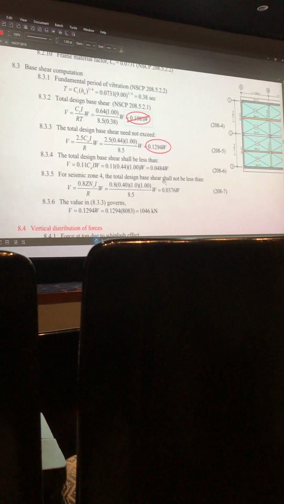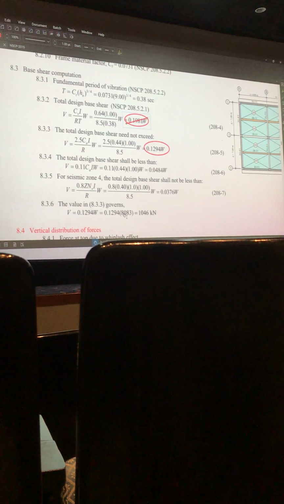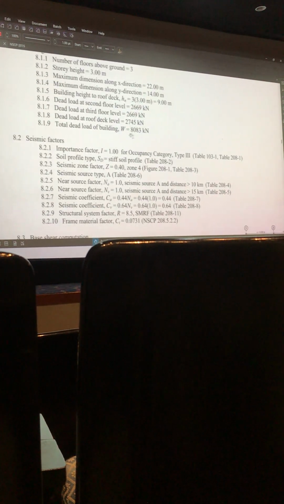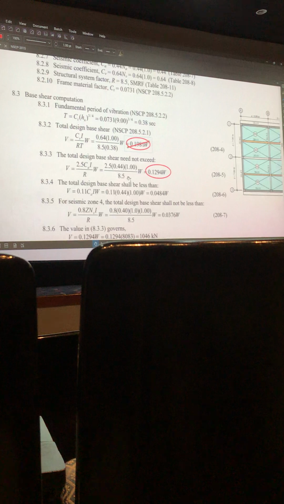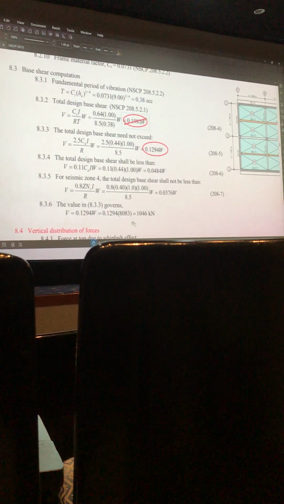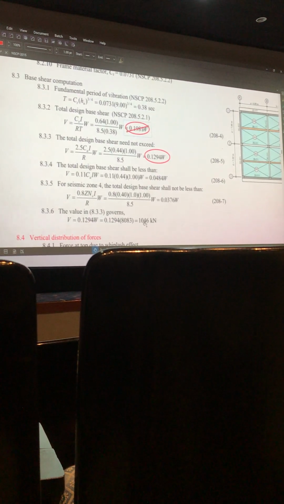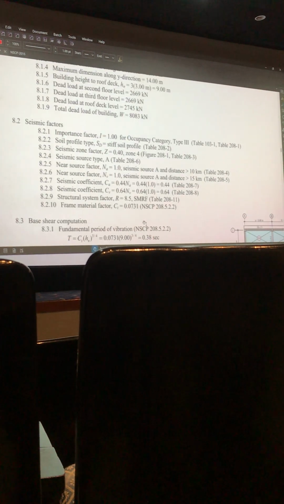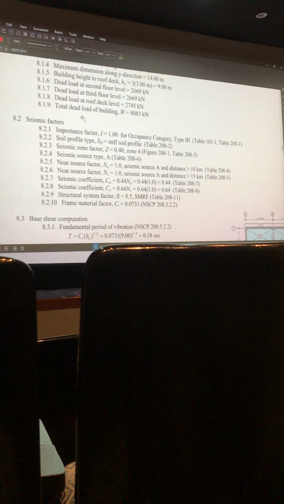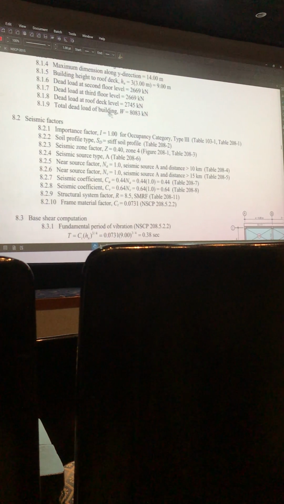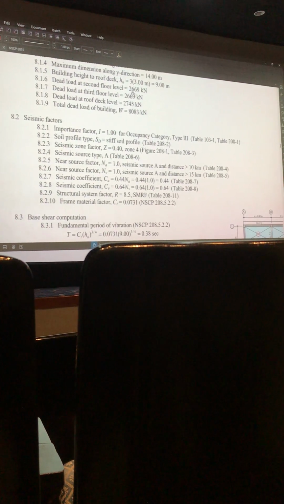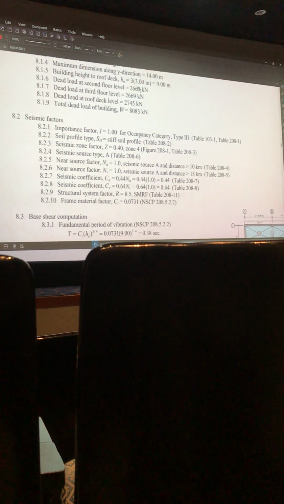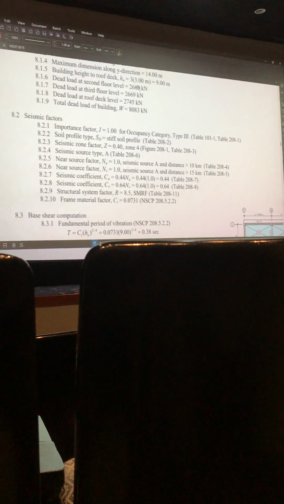Okay? Then we now substitute W from the building data. So you have 8,083 kilonewton to get this answer. So you can see here that this calculation is iterative. The computation of the total dead load of the building is based on the assumed sizes of the girders and the columns, which might be different once you've already designed them.